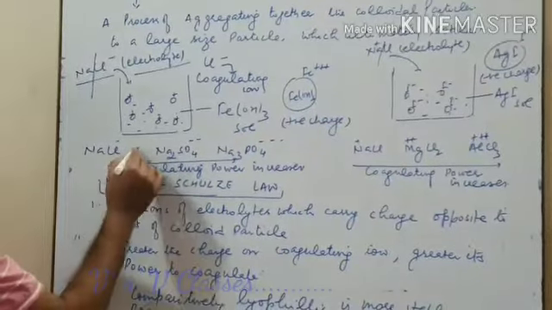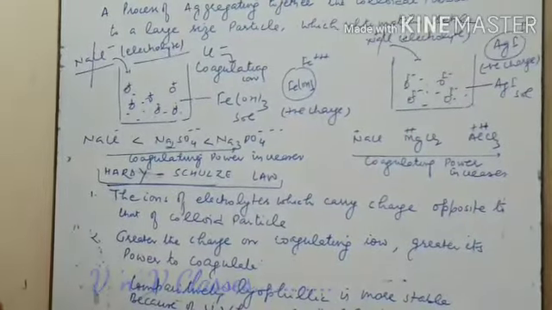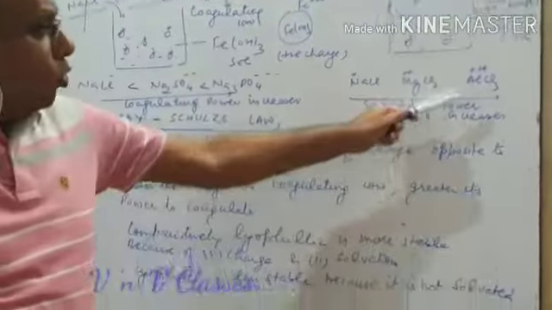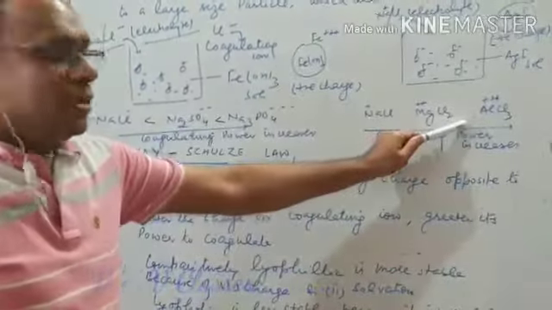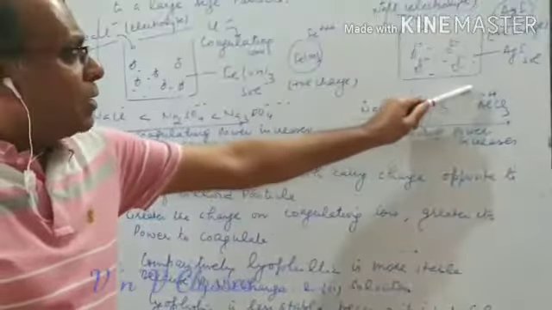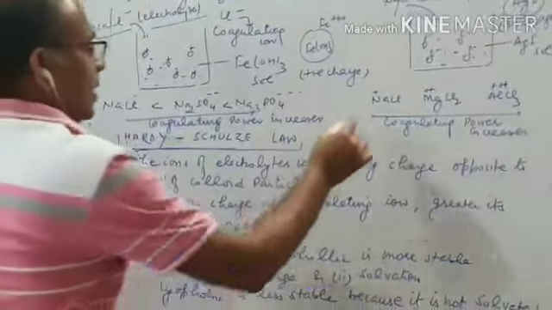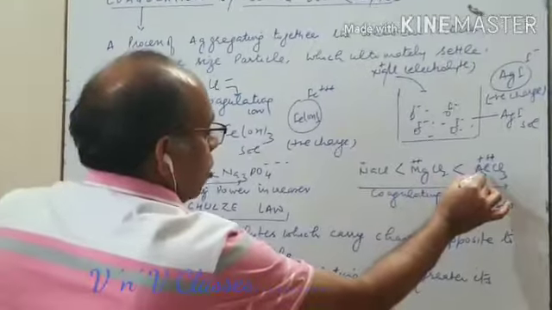So coagulating power increases in this order only. Similarly, for the coagulation of AgI solution, now it's very clear, tell me, which will cause maximum coagulation? Yes, right, AlCl3, because Al has maximum tri-positive charge. So what will be the order? NaCl will cause less coagulation than MgCl2, MgCl2 will cause less coagulation than AlCl3.